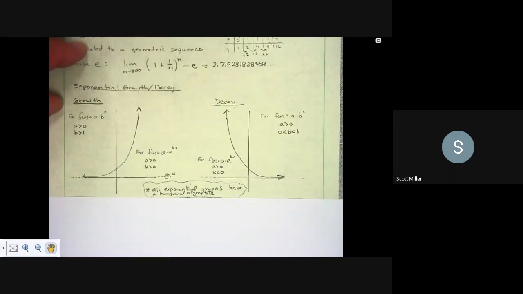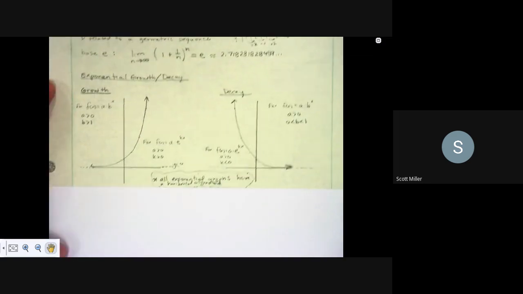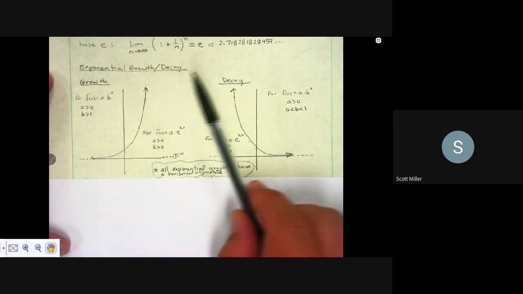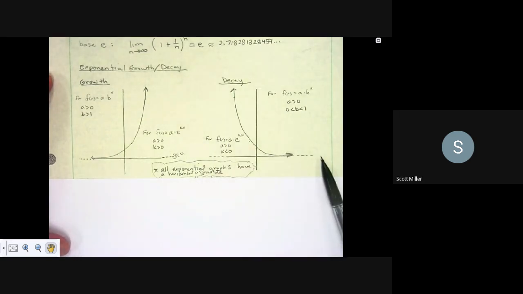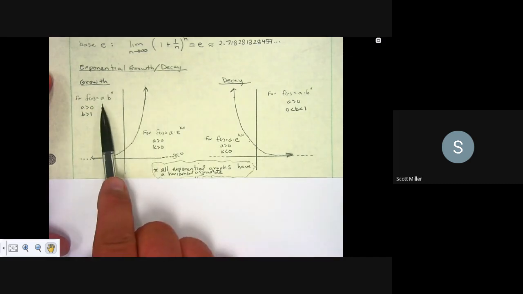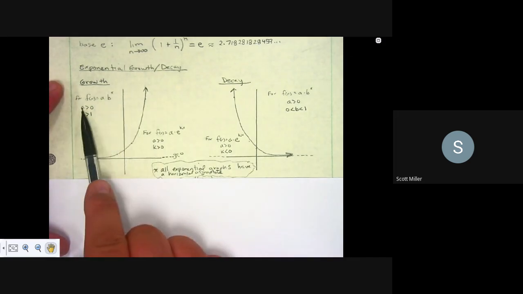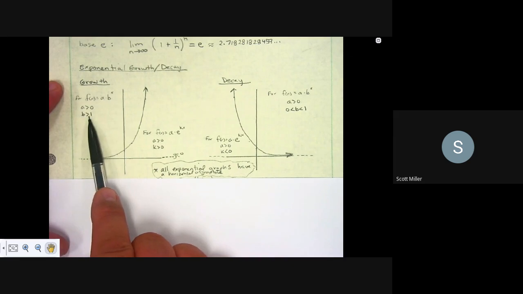So, exponential growth and decay functions. Let's take a look at the picture and how this is going to play out. Here's an exponential growth function. Here's a decay function. Here it is when the base number is not e. A is greater than 0, b is greater than 1.